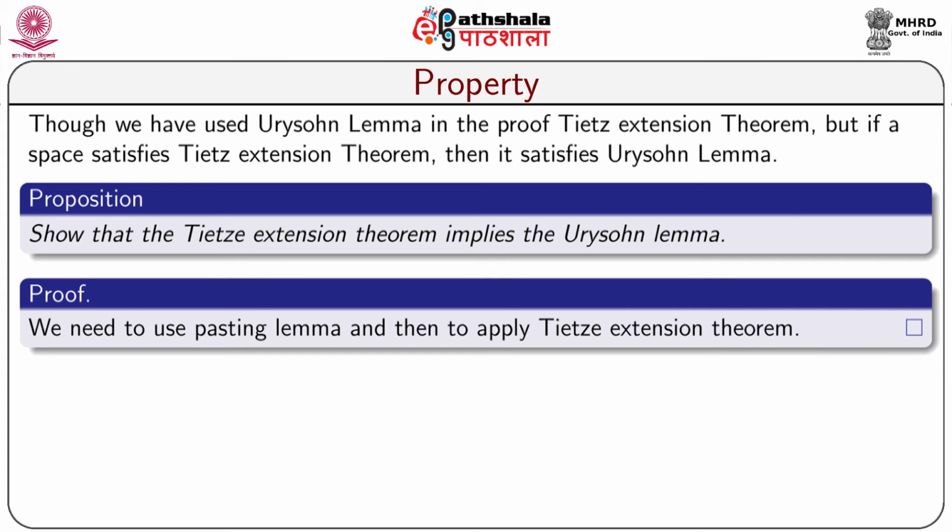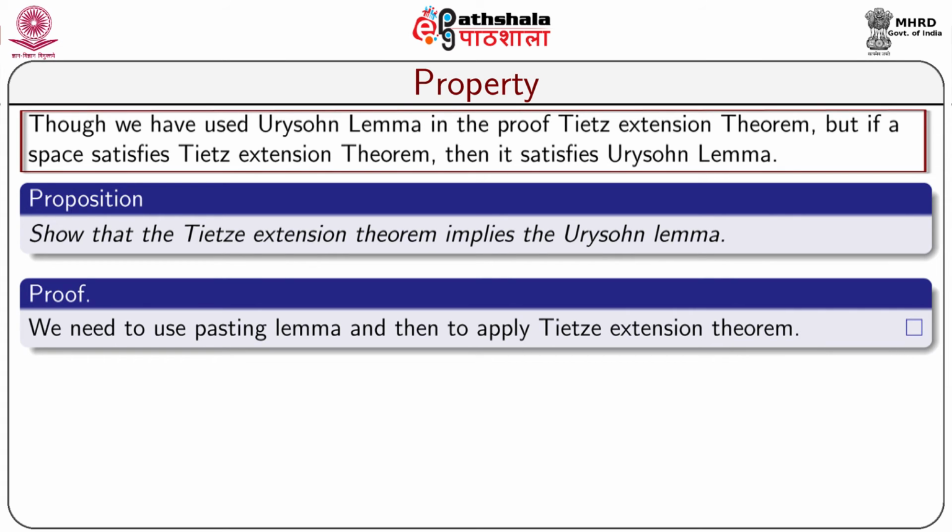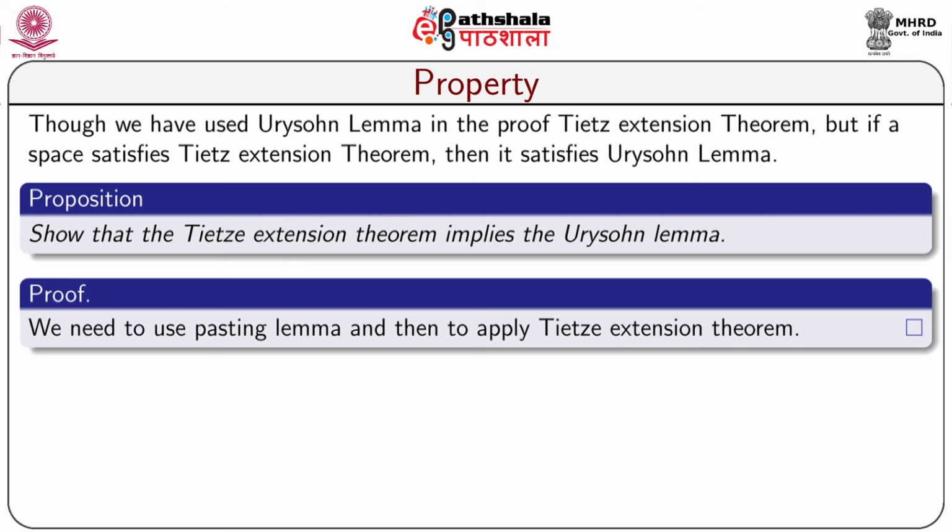Though we have used Urysohn's lemma in the proof of Tietze extension theorem, if a space satisfies Tietze extension theorem, then it satisfies Urysohn's lemma. That means, consider a space, we do not know whether it is normal or not, but we know that it satisfies the Tietze extension theorem.